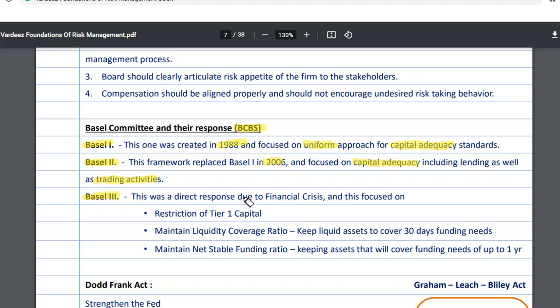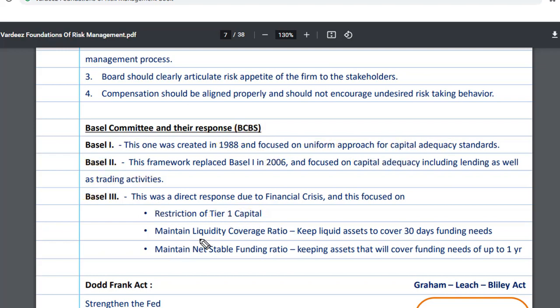Now this was a direct response to the financial crisis, and this focused on restriction of tier 1 capital. This is a part of the total capital that a bank has. So there were some restrictions applied to it, that you cannot use this capital for giving out more loans. You have to keep it as a buffer no matter what.